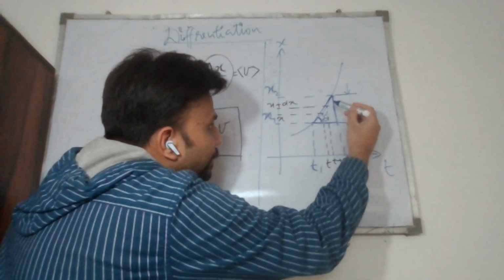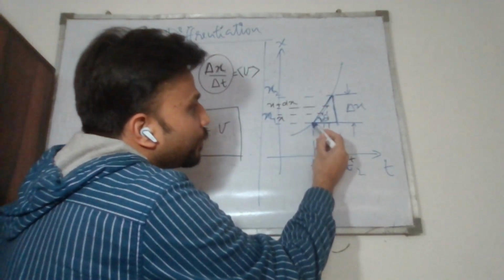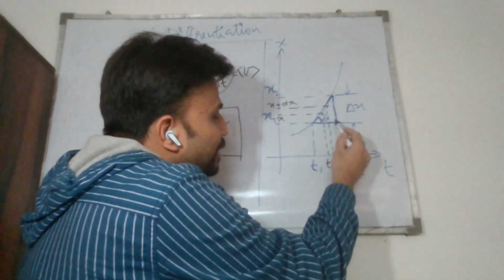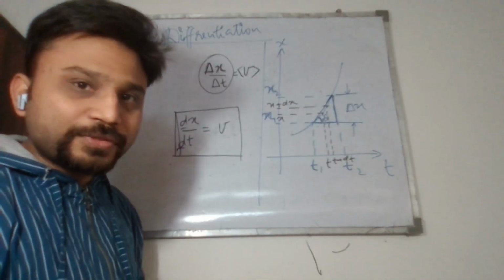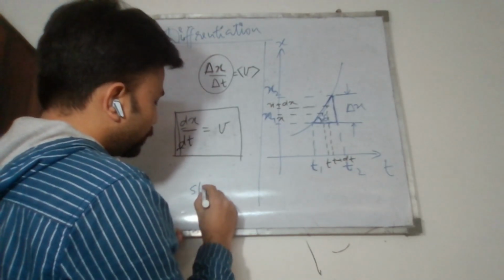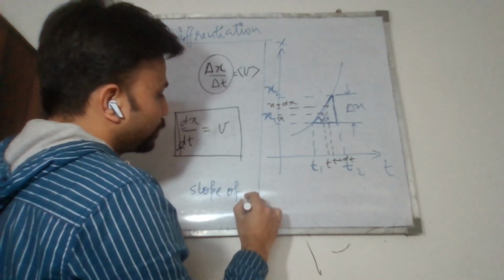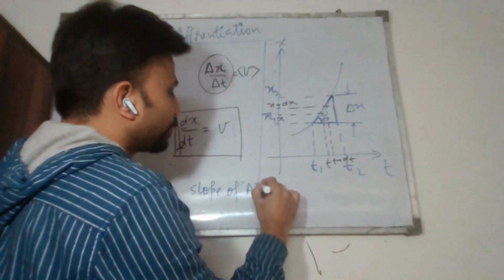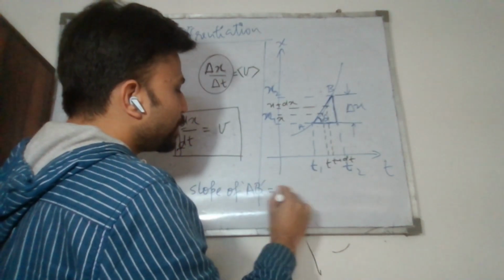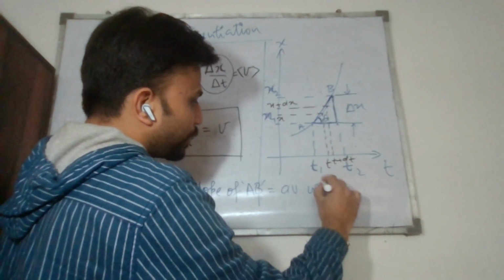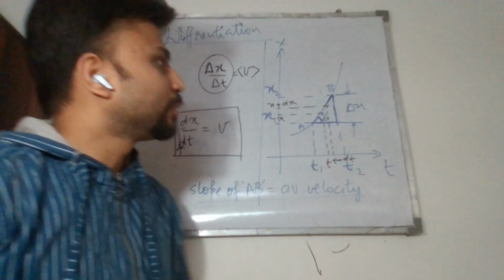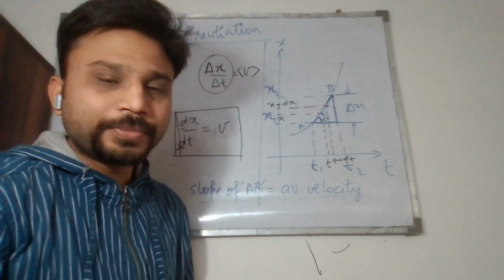Tan theta would be this side, the perpendicular upon the base, that is delta x by delta t. This is average velocity, right? So that means the slope of the AB line, this is point A, this is point B, the slope of AB is the average velocity. This is an important thing.